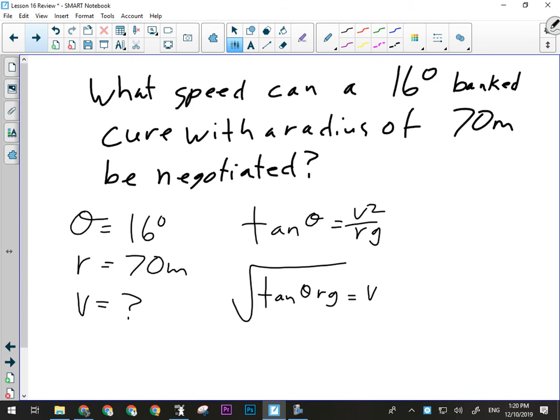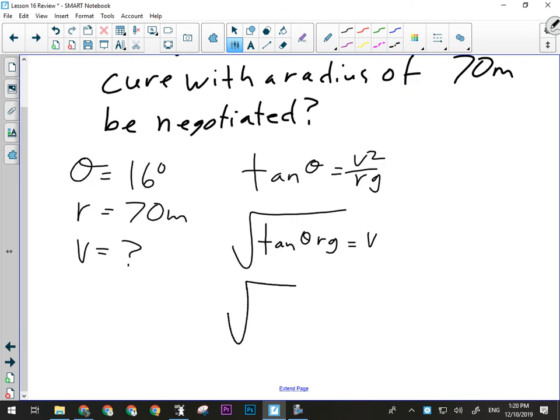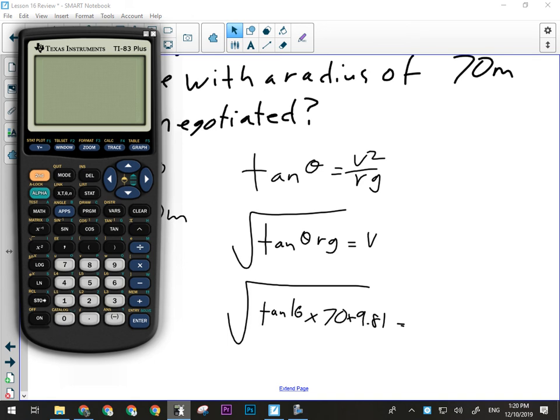All right. So plug in my numbers here. We'll have the tan of 16 times 70 meters times 9.81. Oops.